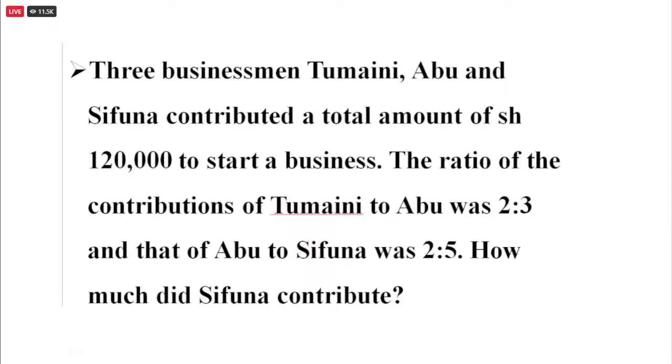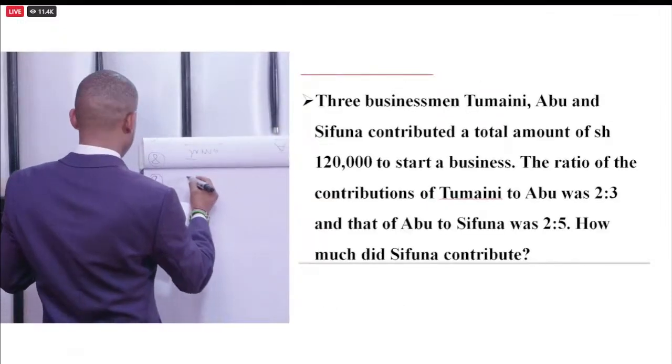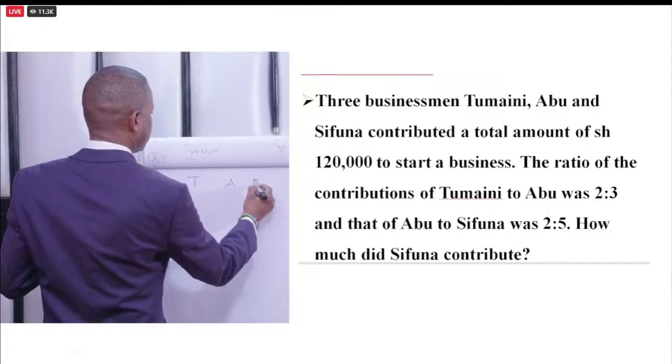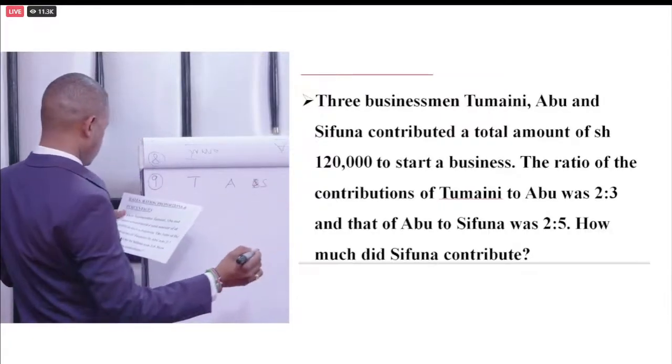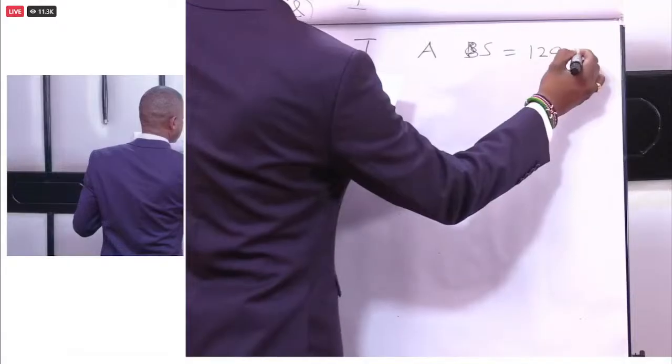The ratio of their contributions of Tumaini to Abu was 2 to 3, and that of Abu to Sifuna was 2 to 5. How much did Sifuna contribute? So 3 businessmen, just write down Tumaini, Abu, and Sifuna. Contributed a total of 120,000 shillings.